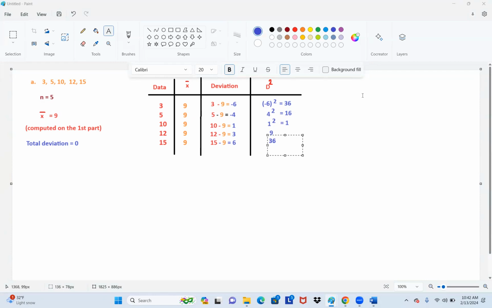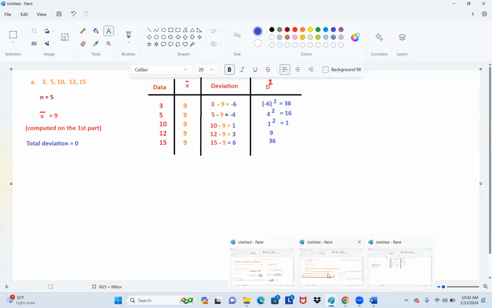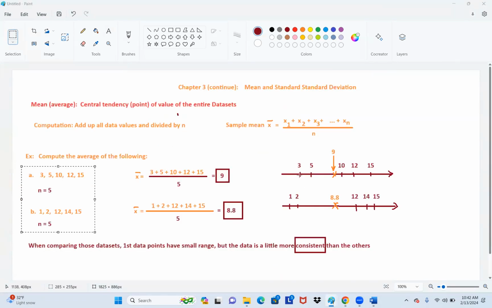Why is the total deviation equal to 0? The reason behind that is because it simply neutralizes all the data set values. Let's say the difference between 3 and 9 was -6, and 5 to 9 was -4, and then 10 to 9 was 1, 12 to 9 was 3, and 15 to 9 was 6.